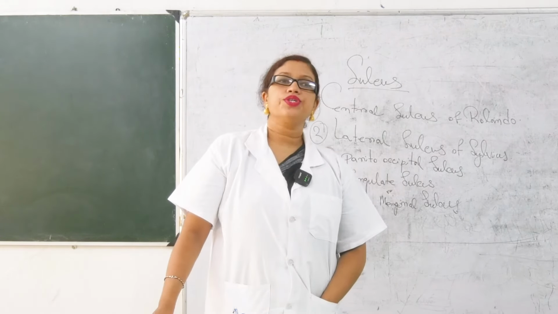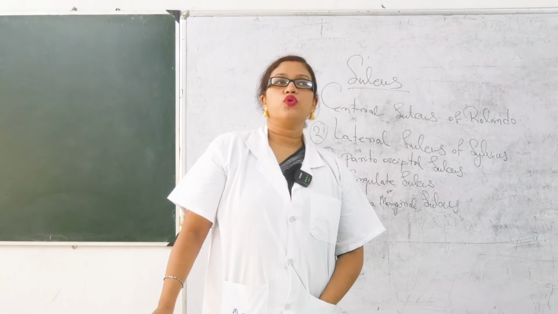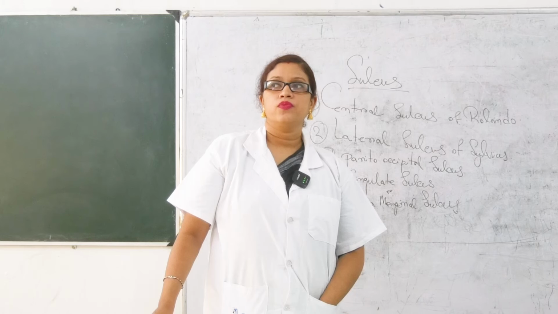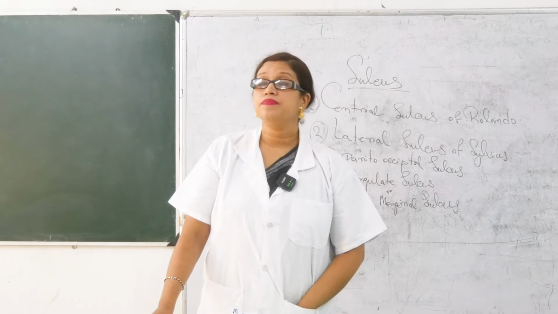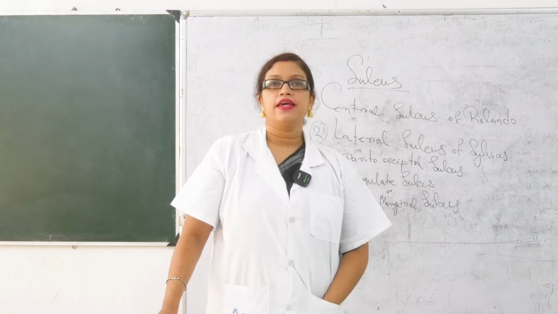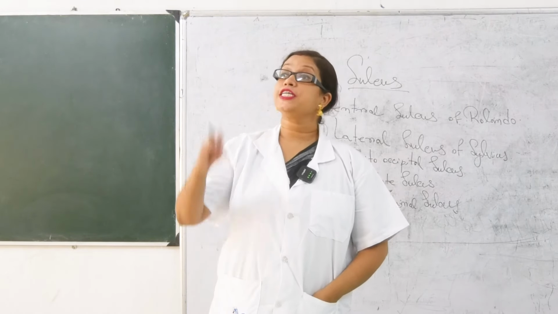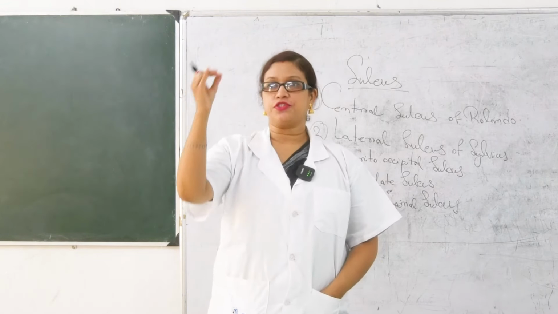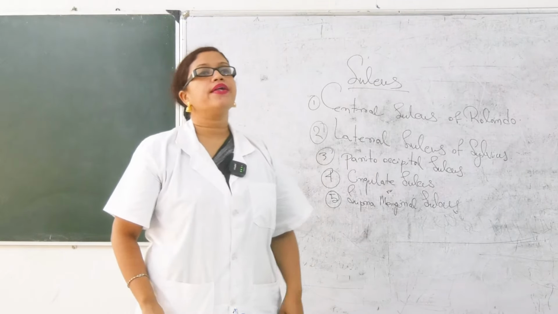Key function: which one is sensory and which one is motor? The pre-central is motor, areas 4 and 6. The sensory one is areas 3 to 1, just opposite. I am coming to the areas. Okay, so just write it down.